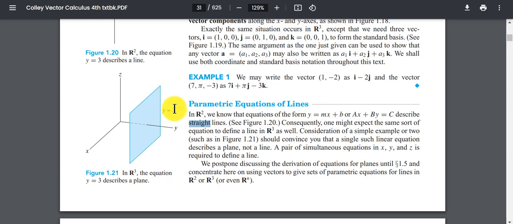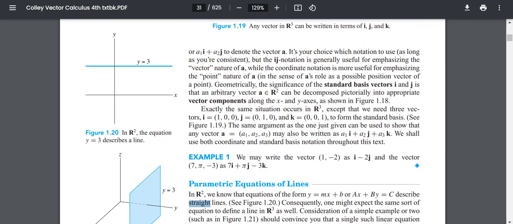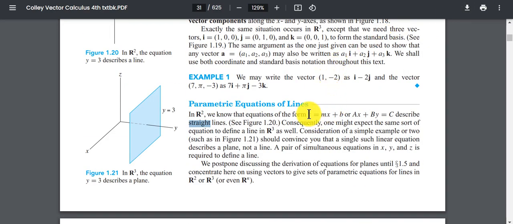In this case, it forms a plane, whereas here it formed a line. So we probably shouldn't expect that if this gives us a line in 2 space, it's going to give us a line if we just do this in 3 space. So either of these also define a plane in 3 space. So she says it describes a plane, not a line.